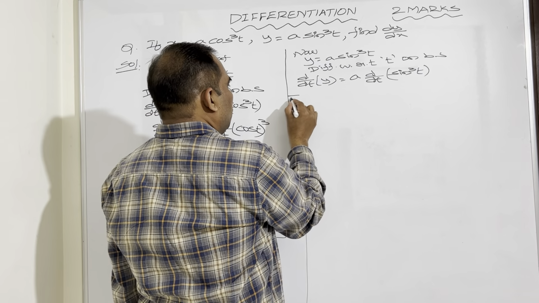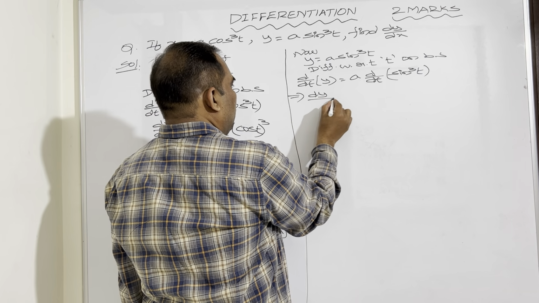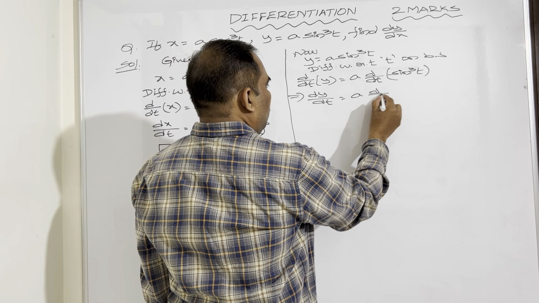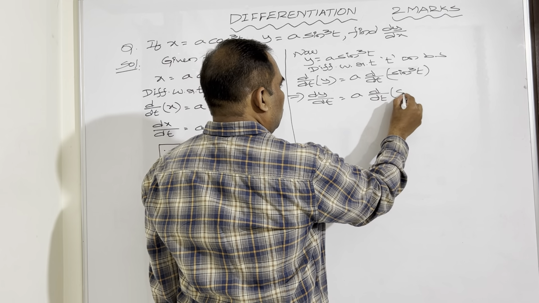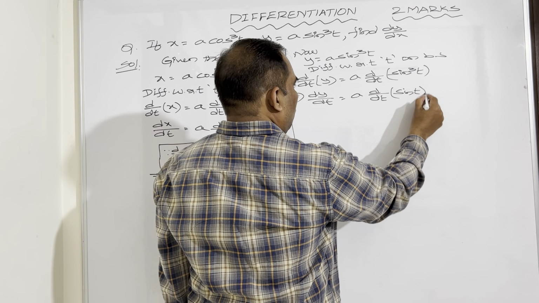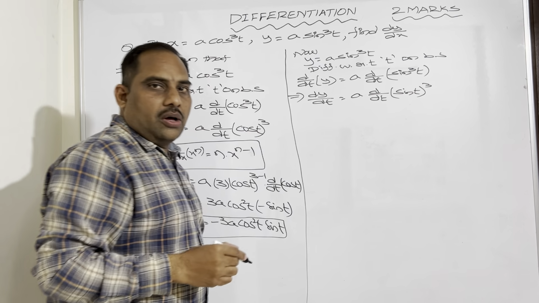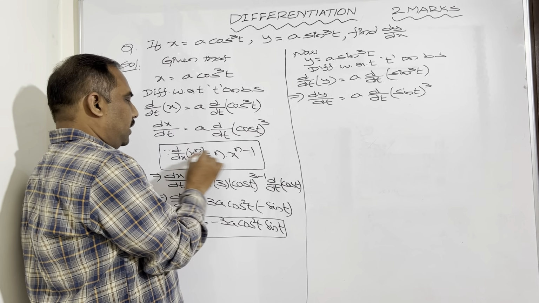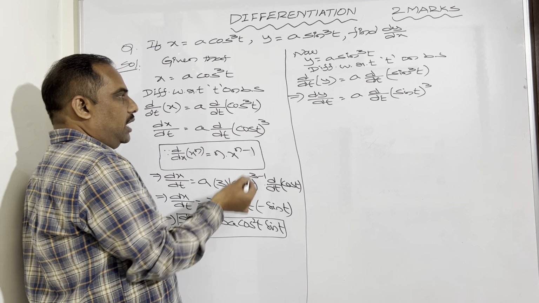Which can also be written as dy by dt is equal to a into d by dt of sin t whole cube. Which is the same as this formula d by dx of x power n.